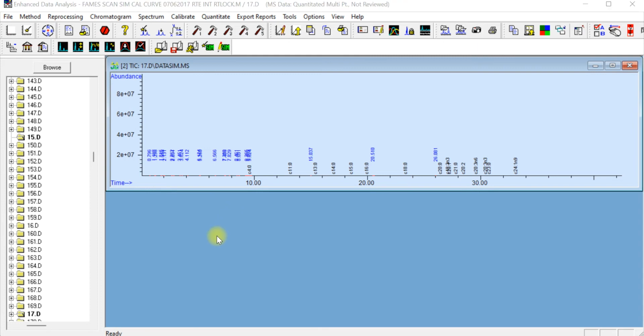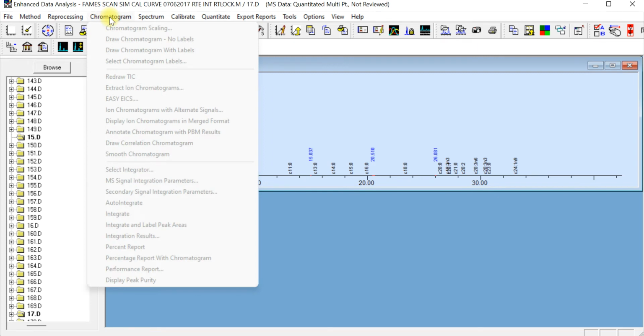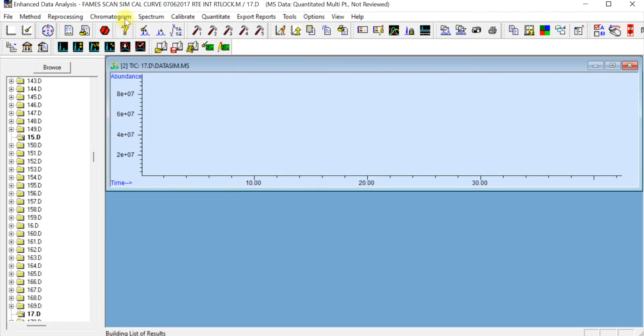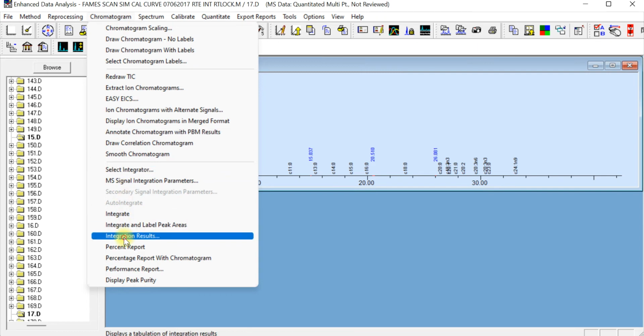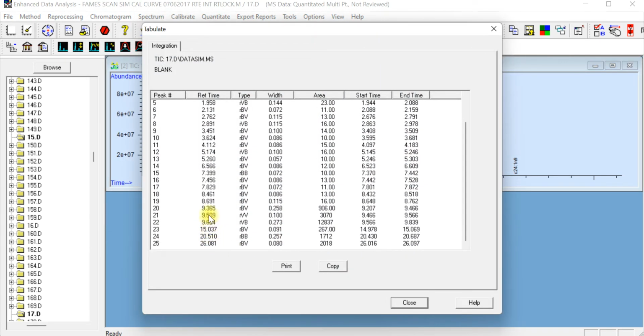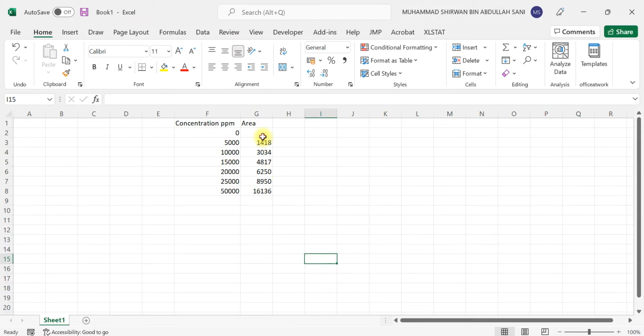I have this blank data, number 17, and I have integrated this one. If you can see, nothing has been integrated here, meaning no hexanoic acid is detected. You can confirm with the integration result: at minute 10.12 there is nothing there. The peak that we have is at 9.615, so we can denote the area as 0.